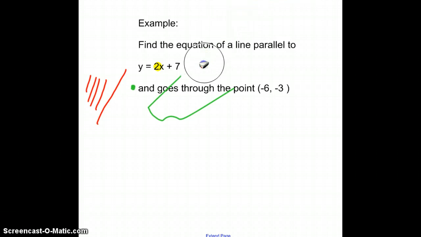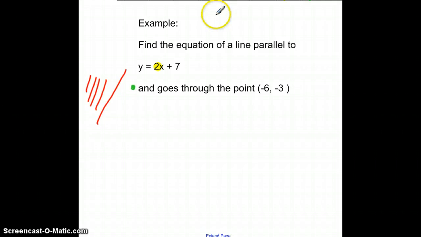So that's what we're going to be looking at in this clip. How do we find that? Well, we already know the slope. We need to find out what the new y-intercept is going to be. We know the point, so let's plug in these x and y values into the equation with the given slope.